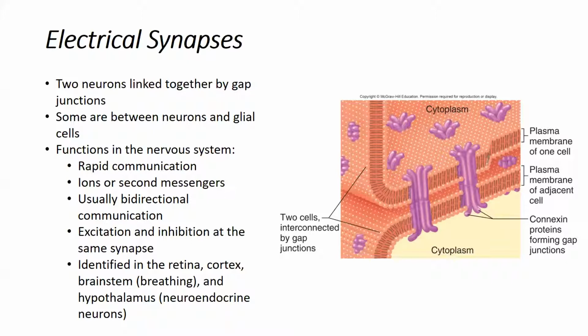And that's pretty much all we're going to talk about for the electrical synapse. So the take-home message is there's rapid flow of communication, there's the presence of gap junctions, which allow that rapid communication, and there's a bidirectional flow of signals from one cell to the other.